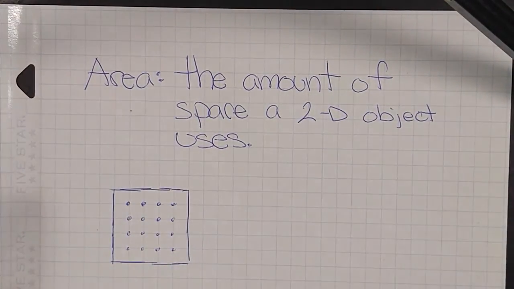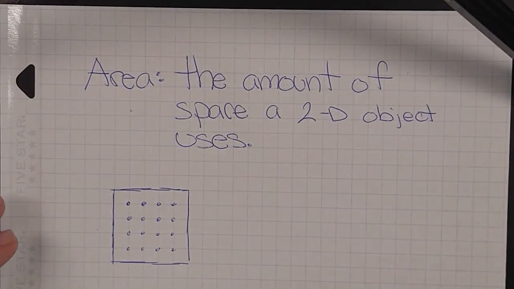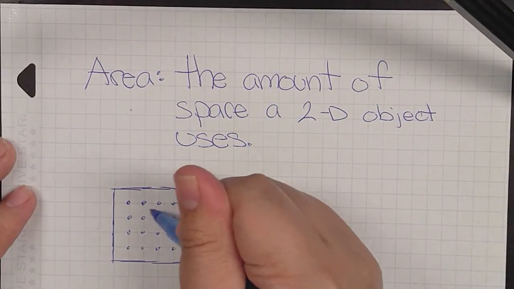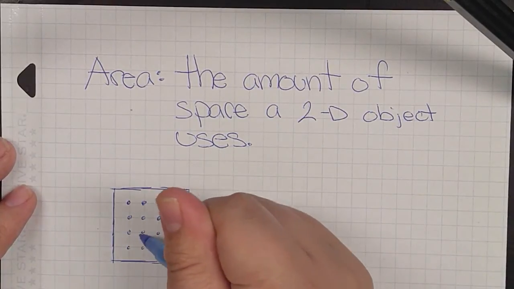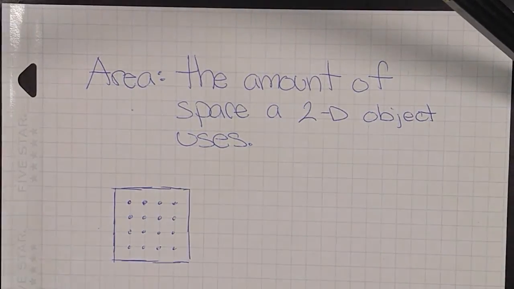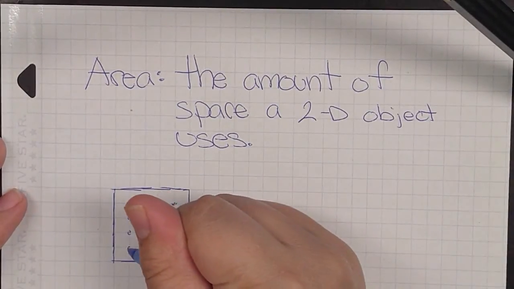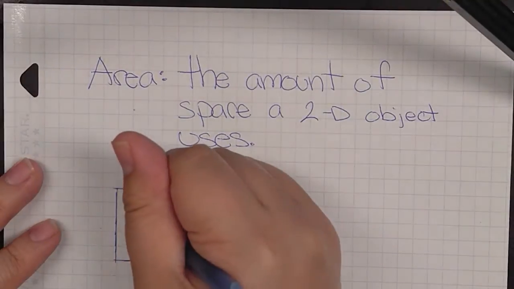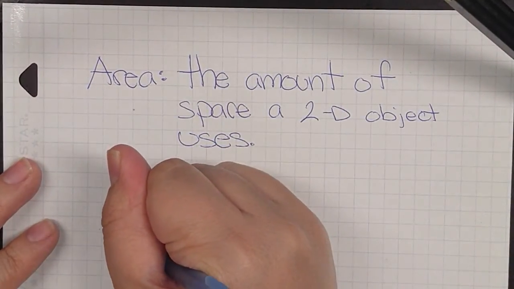And so now I'm going to show you how we discover area. Now, in your homework assignment, you'll notice that most of the time you'll start off with a grid paper. And on these grid papers where each line intersect, which means to cross, there's actually going to be a dot. So the first thing you want to do, okay, is that you want to connect the dots with a line.